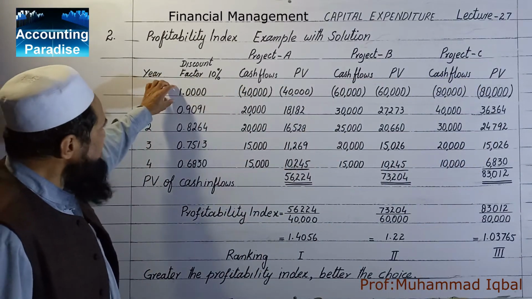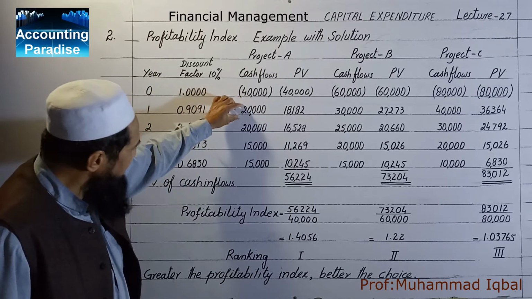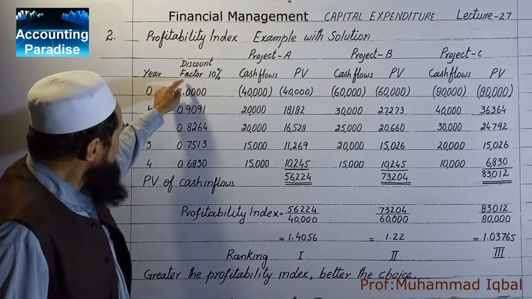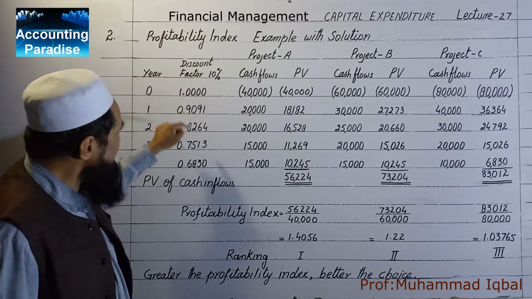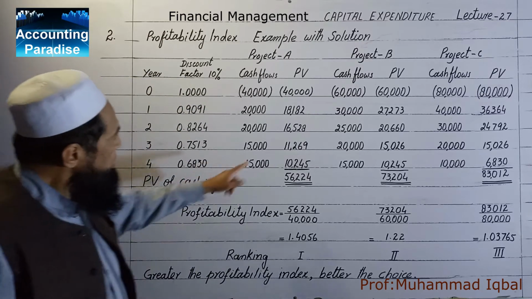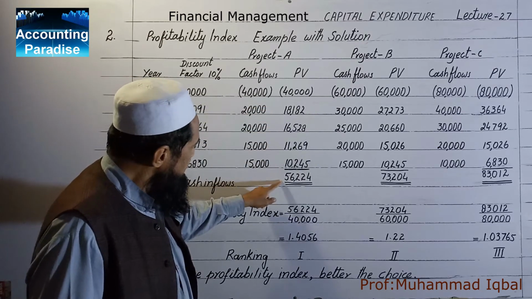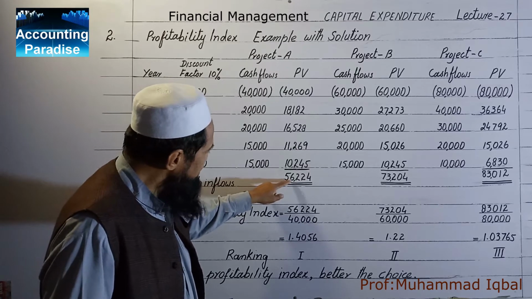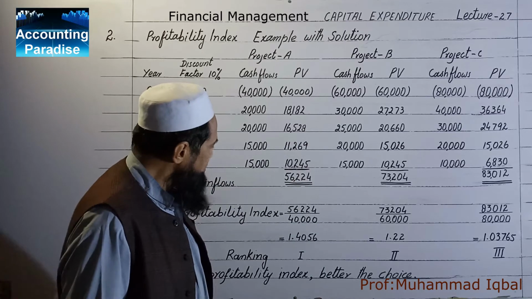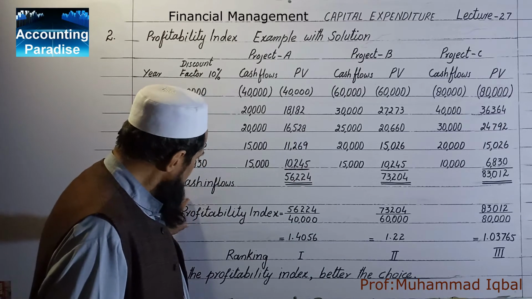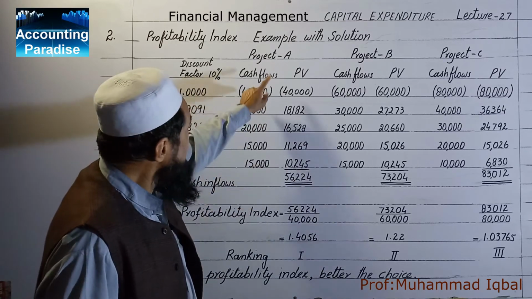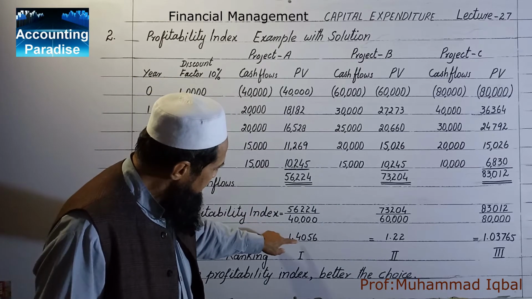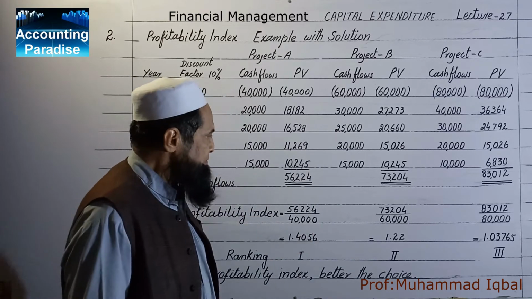Now we discounted these cash inflows at the 10% discount factor. We got present value of cash inflows equal to 56,224. The profitability index for project A is equal to 1.4056.